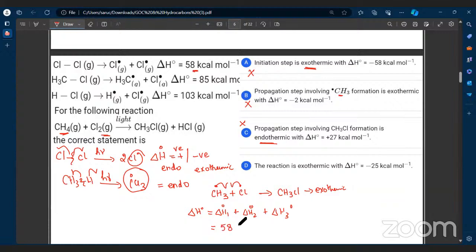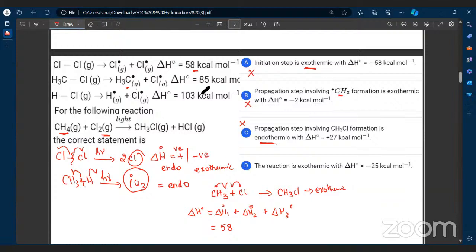Delta H2 naught is the propagation step involving formation of CH3 dot, which gives 85 kilocalories per mole.